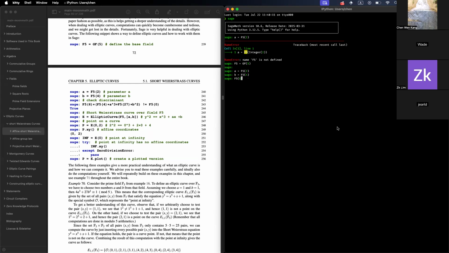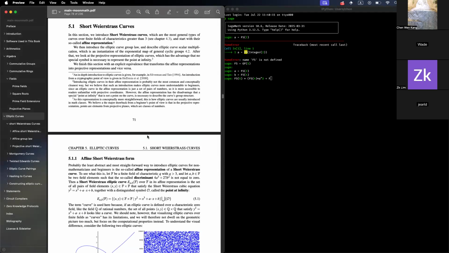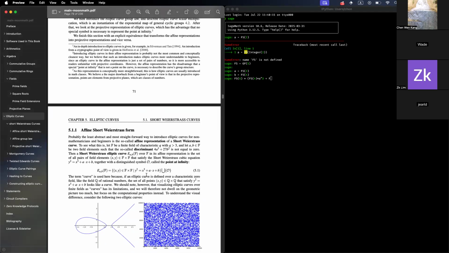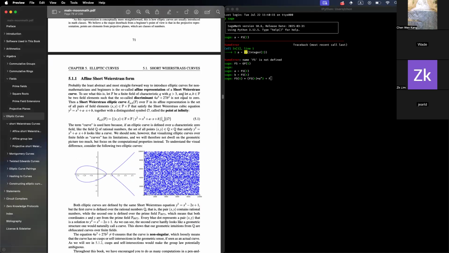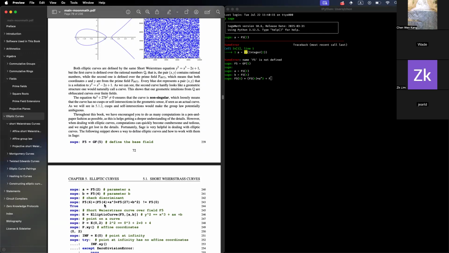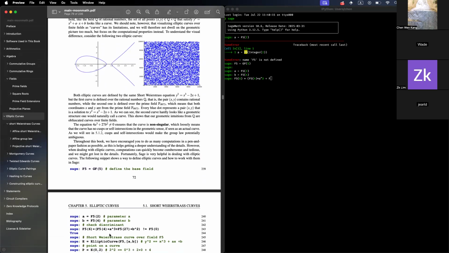So F5 6 times F5 4 times A to the power of 3 plus... Oh, this is a polynomial essentially. Actually, this is the form itself, the formula itself. So the affine short Weierstrass form is this. Where is it? Yeah, this. That's why it's written here.